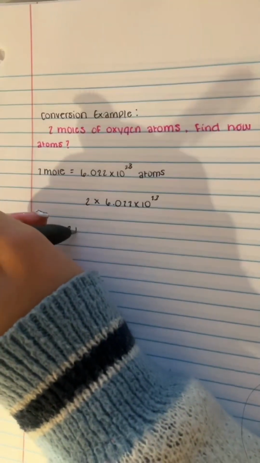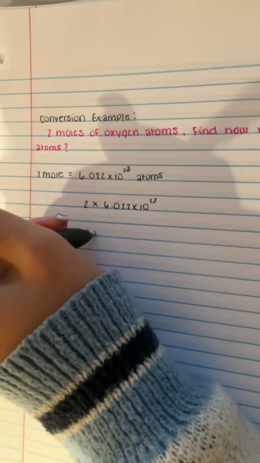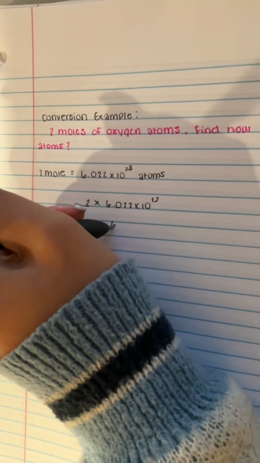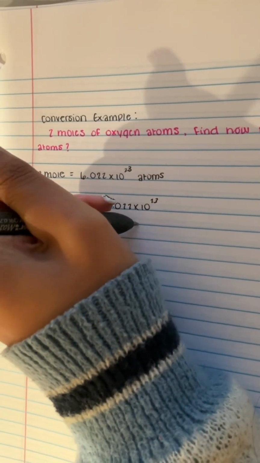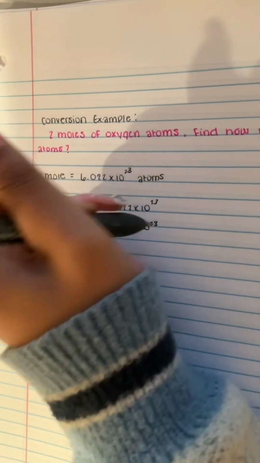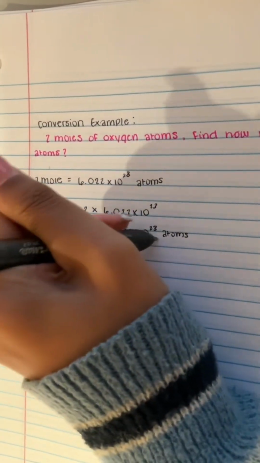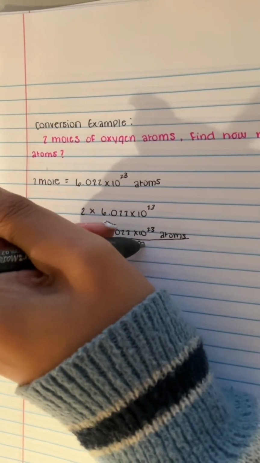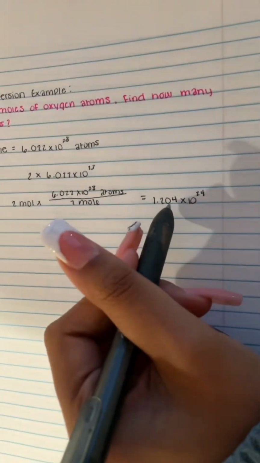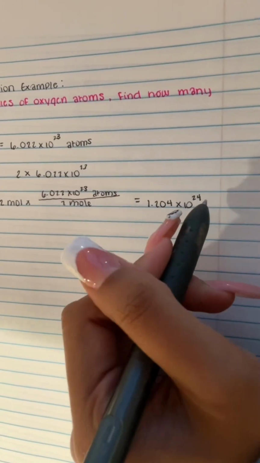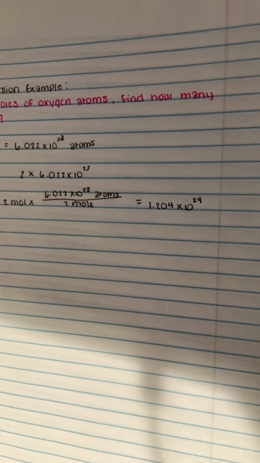Or in formula, it would look like this. And this would equal 1.204 times 10 to the 24 atoms of oxygen.